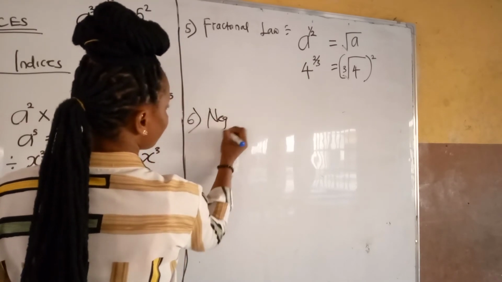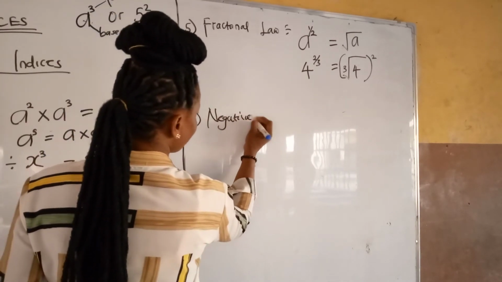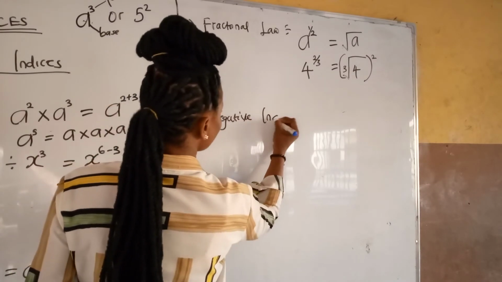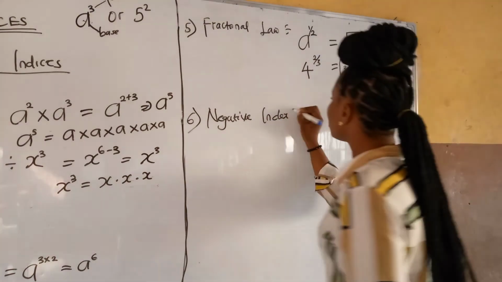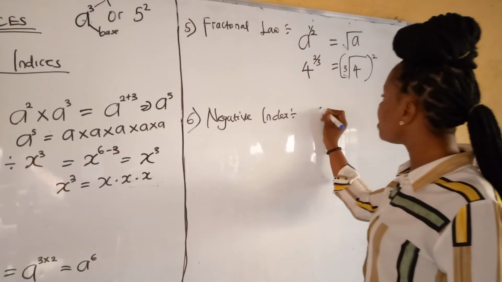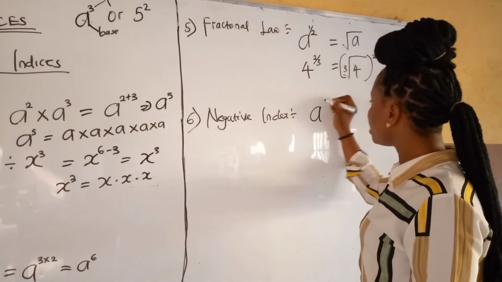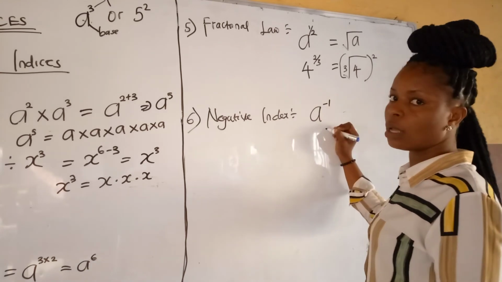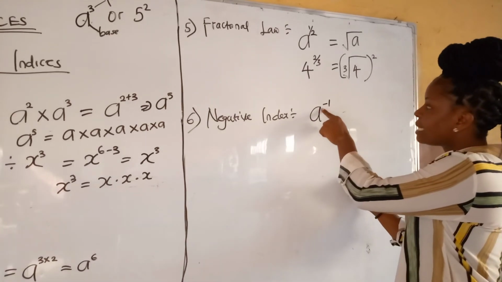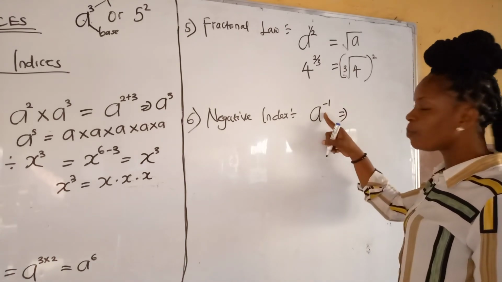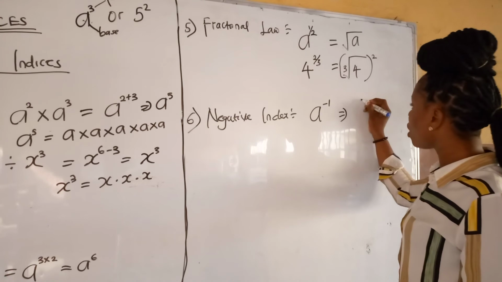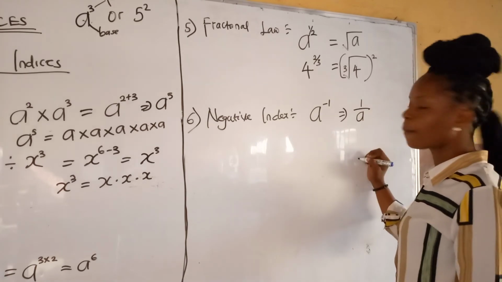The negative law, or you can call it negative index. Index has to do with power. And what does this law say? If you have any base like a raised to the power of -1, anytime your power is negative, you can rewrite it as the reciprocal of this base, which is 1 all over a.